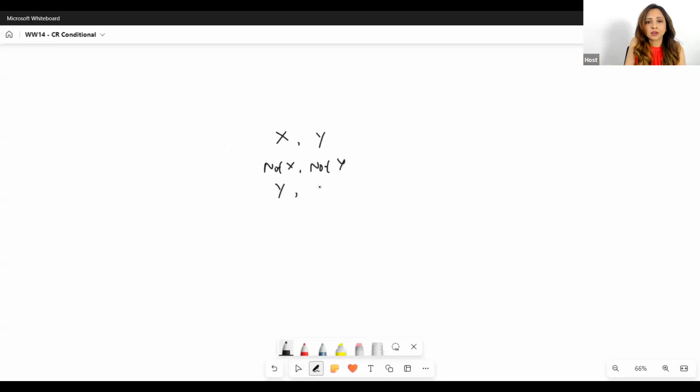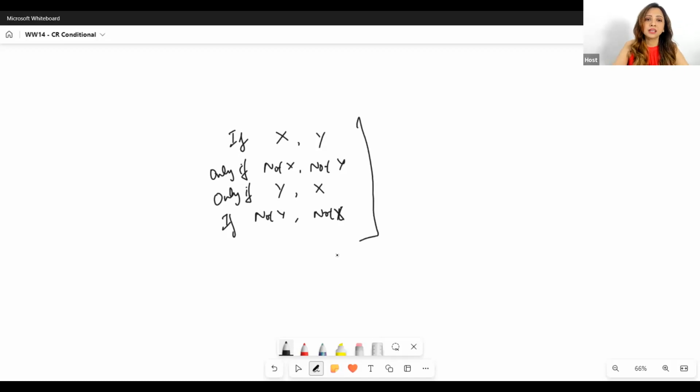Or I have Y, X, or I have not Y, not X. Notice the equivalency between the statements. Here, if, here, only if, here, only if, and here, if. All these four are equivalent statements.